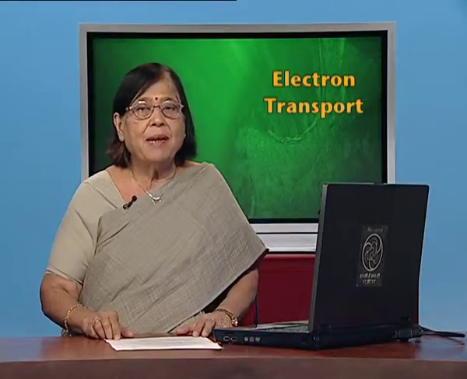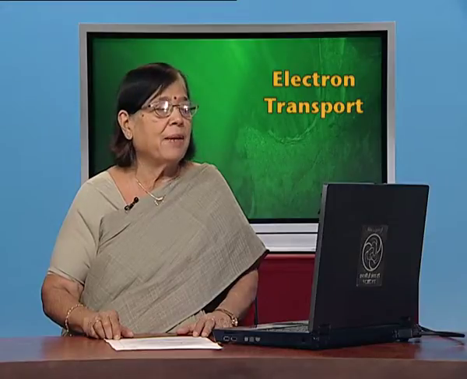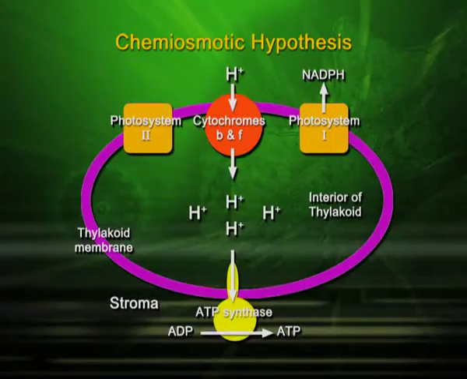Now, this membrane is important and many things are happening inside and outside the membrane. You can see photosystem 2 here. You can see photosystem 1 also, with cytochrome in between. You are also seeing the electrons and H plus.